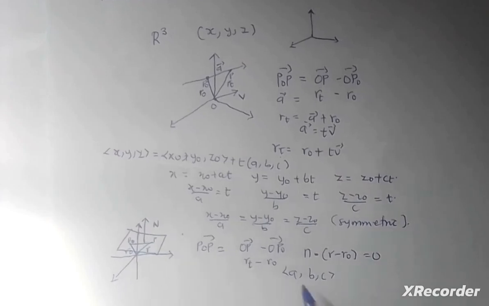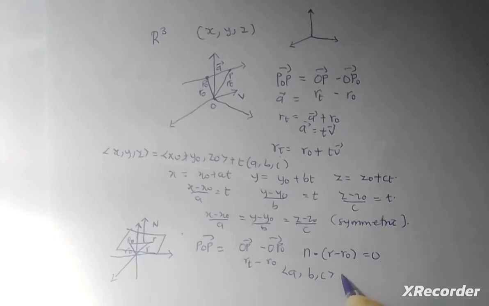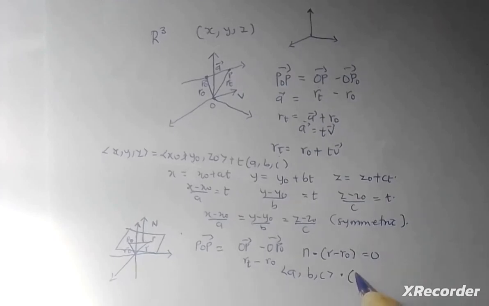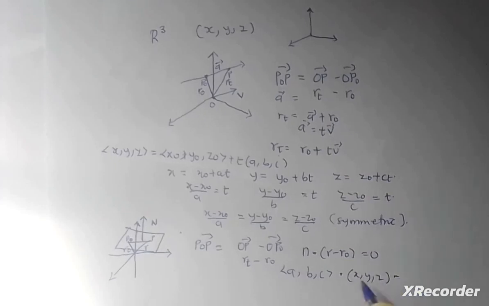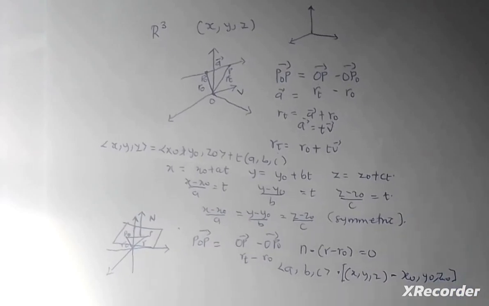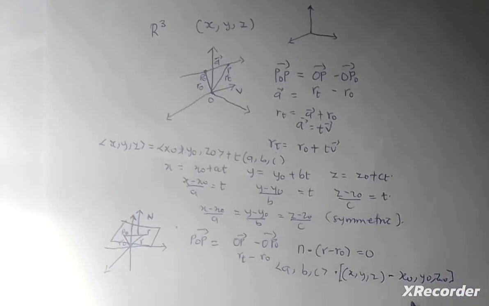Let's go to the algebraic equation, or the linear equation. So (a, b, c) dot my r, which is (x, y, z), minus my r naught, which is (x naught, y naught, z naught), should be equal to 0.